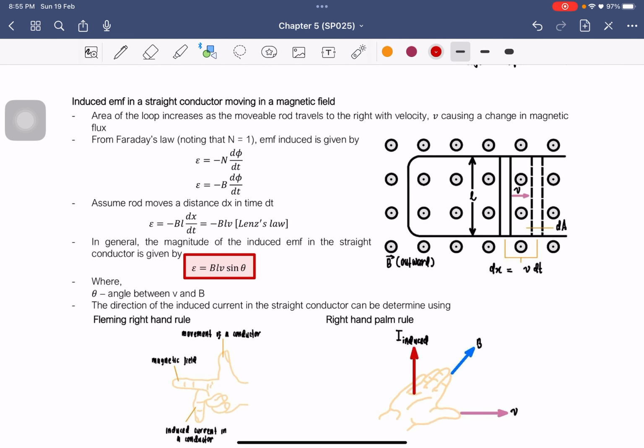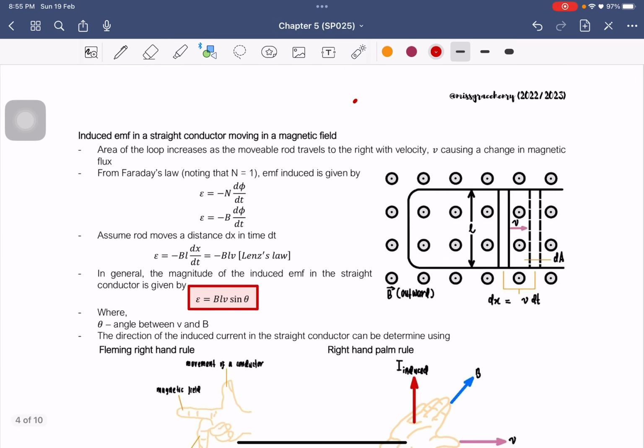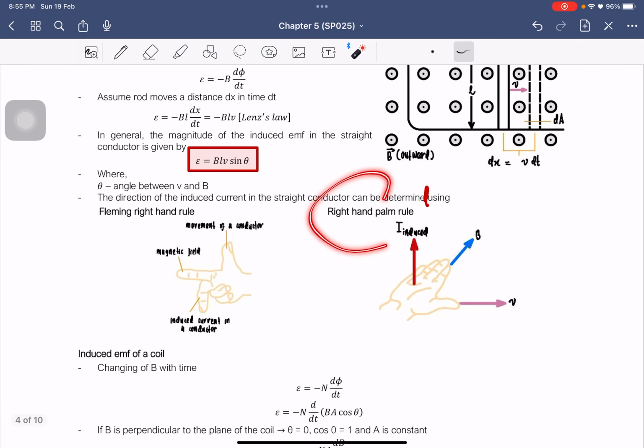So this is the equation that you are going to apply to solve a problem. Okay, so the direction of the induced current in the straight conductor can be determined using either Fleming's right hand rule or you can use the right hand palm rule. For Fleming's right hand rule, the thumb will be telling us the direction of velocity.